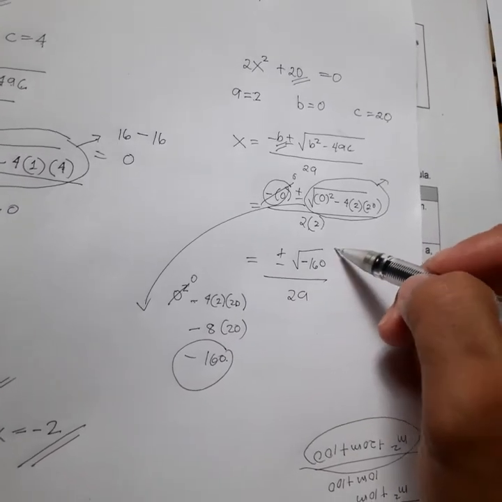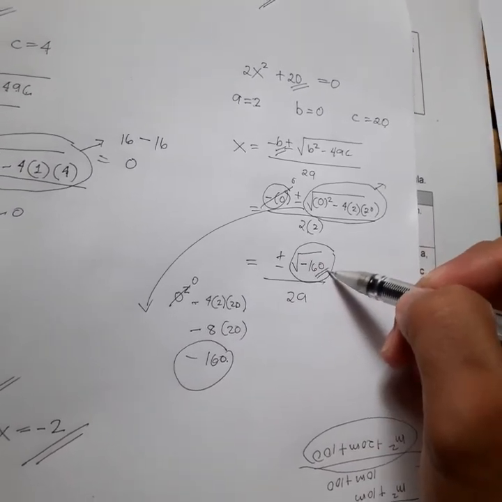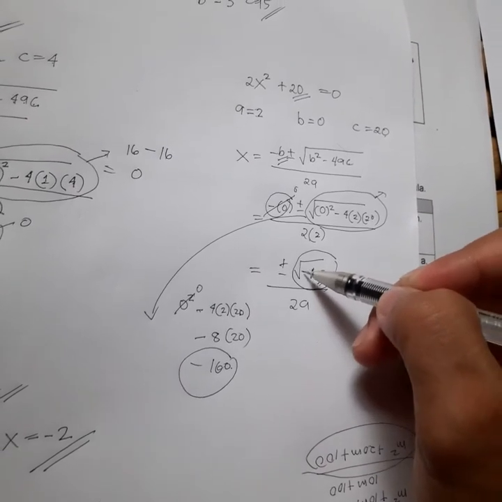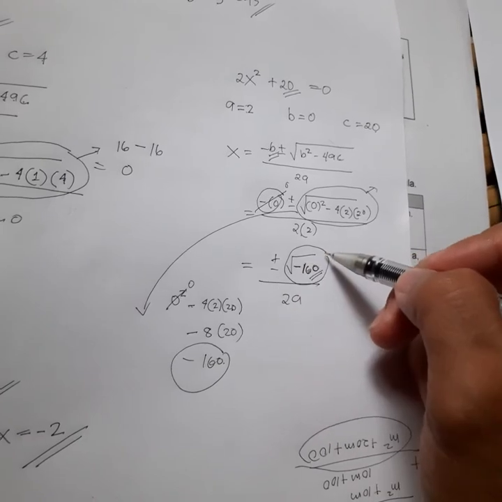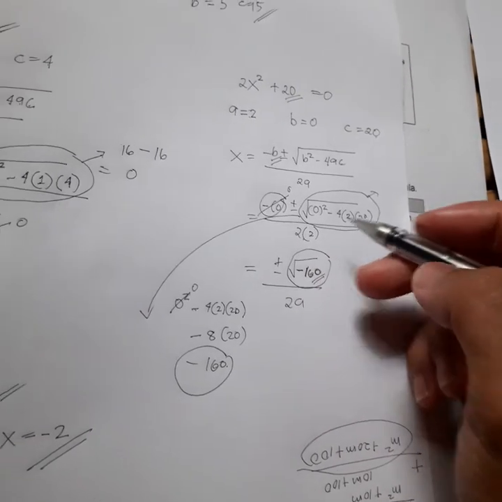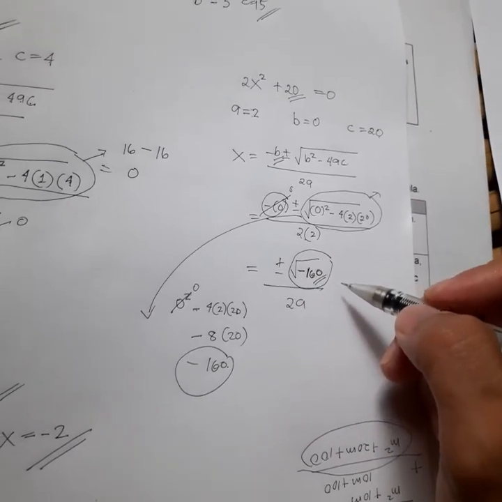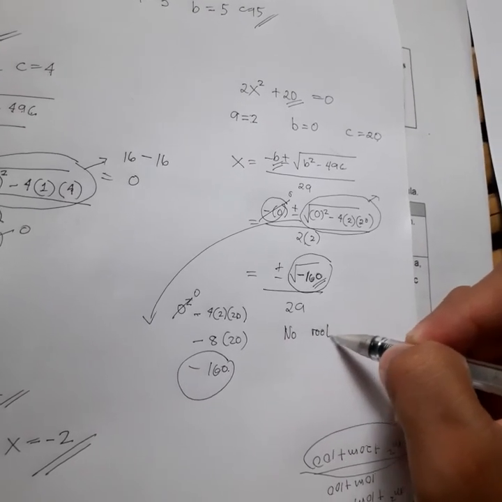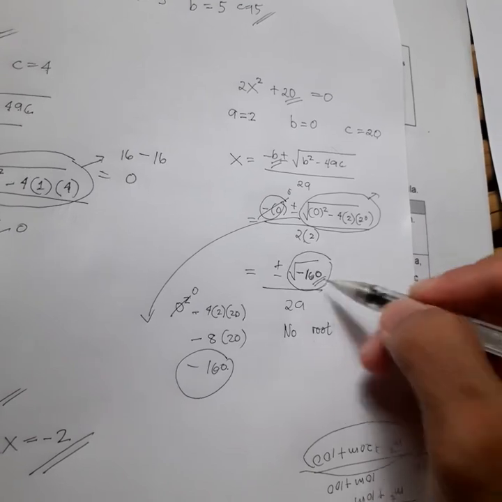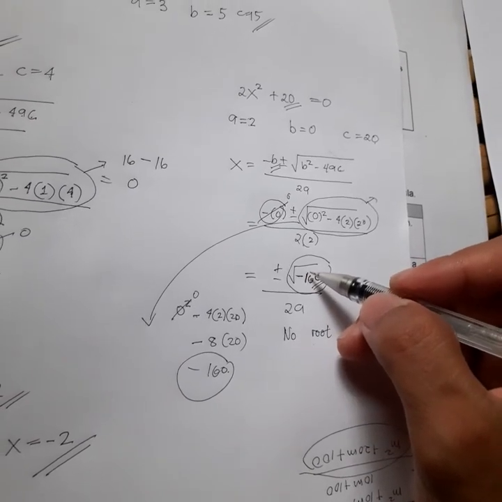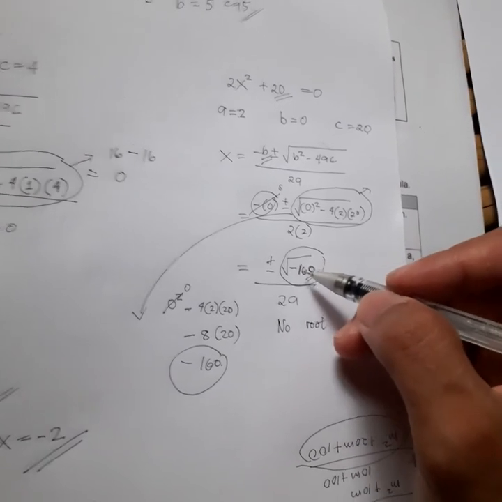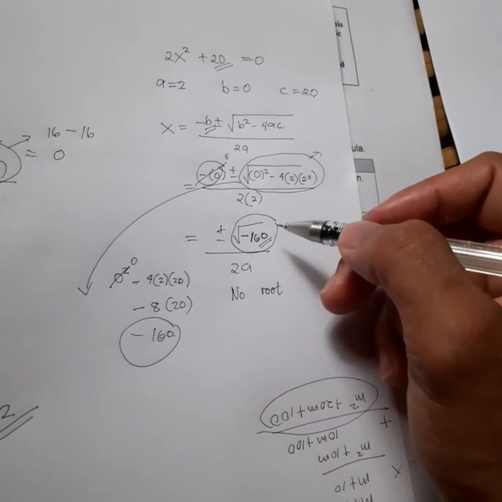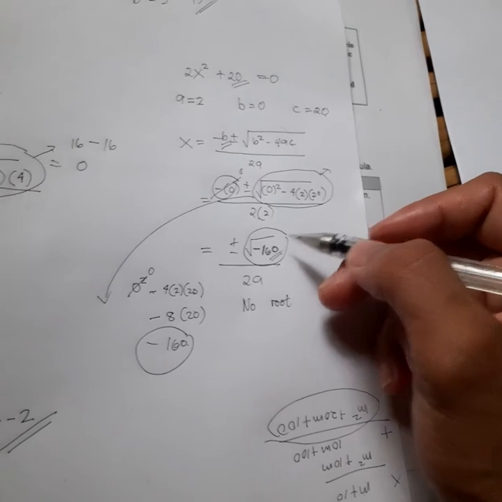Since the number inside the radical sign is negative, there is no answer, no root. If the number inside the radical sign is negative, the equation has no root. No solution.